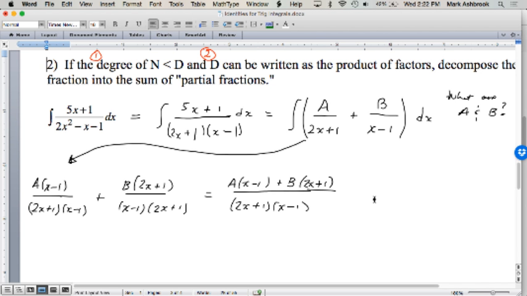So how are we going to find a and b? Well, what does all this have to equal? Right, so for this to work, we need the values of a and b such that that numerator equals 5x plus 1.